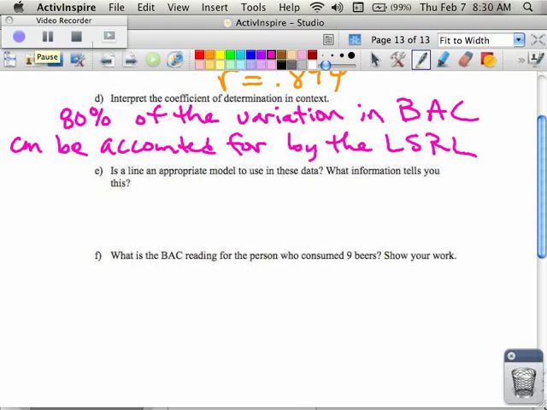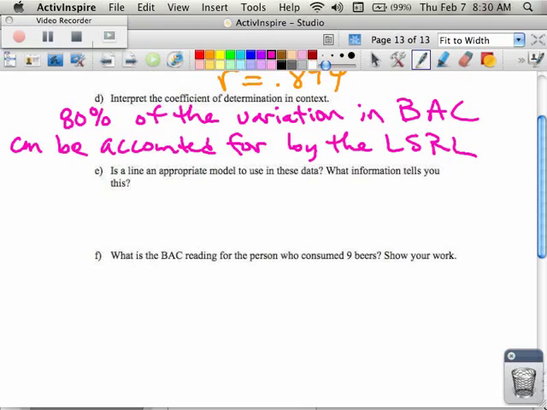So is the line a good model? Let's check. How would you know? We just got done talking about this 10 minutes ago. How do you know if the line's a good model? There's no pattern. Look at the residual plot.